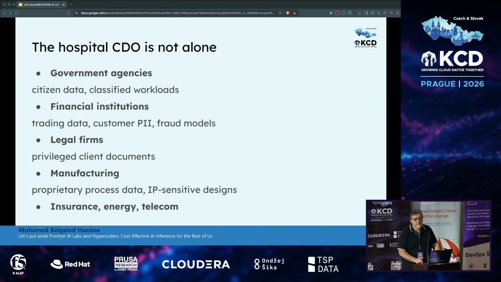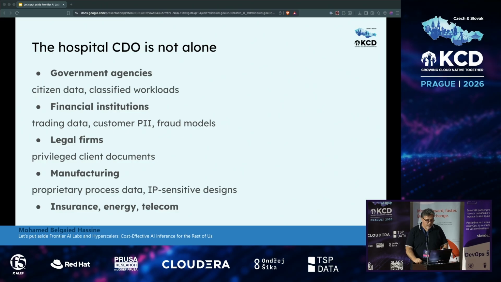Anyway, the chief data officer of the hospital is just an example, because outside of that, there are a lot of enterprises with exactly the same kind of requirements. We have government agencies, financial institutions, legal firms, manufacturing companies that want to preserve their intellectual property, and many more: insurance, energy, telecom, whatever.